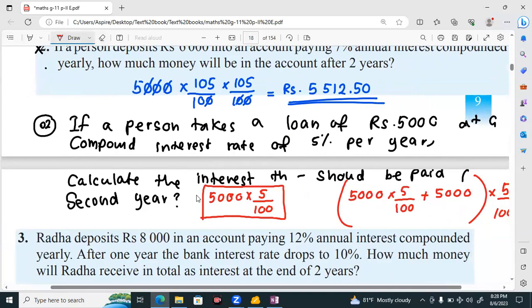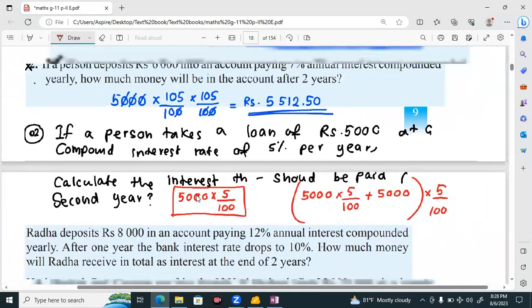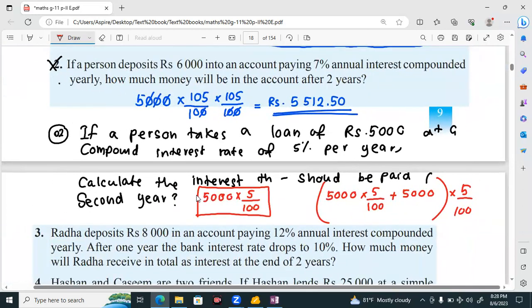In the second year, the interest is calculated for the loan amount and the interest that should be paid for the first year, that is, the initial loan together with the first year's interest. Is that so? Yes, teacher.